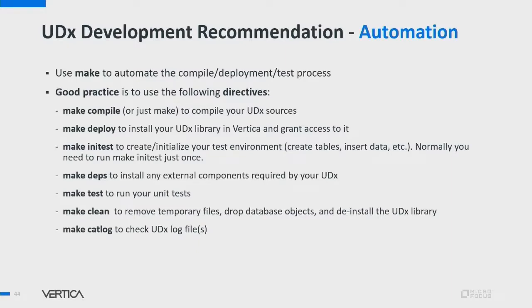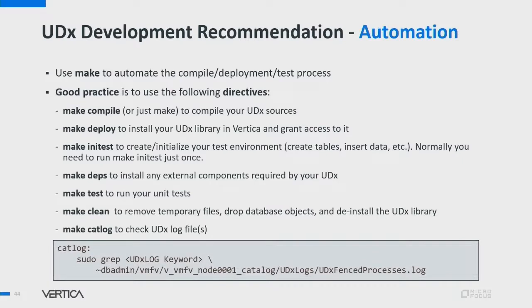A pretty useful functionality is make dependent deps, which creates or installs any necessary dependencies for your library, especially say external jars or external packages for R. Also make tests just to start the process of unit testing, and then make clean to remove all the temporary or unnecessary files, just to have a clean directory structure and delete any rubbish there when you are porting your code from the development environment to the test environment.